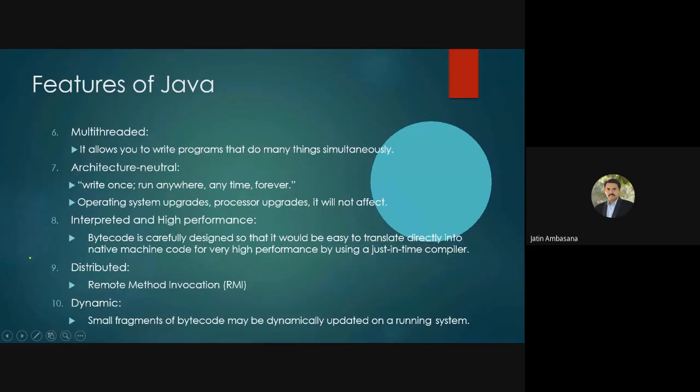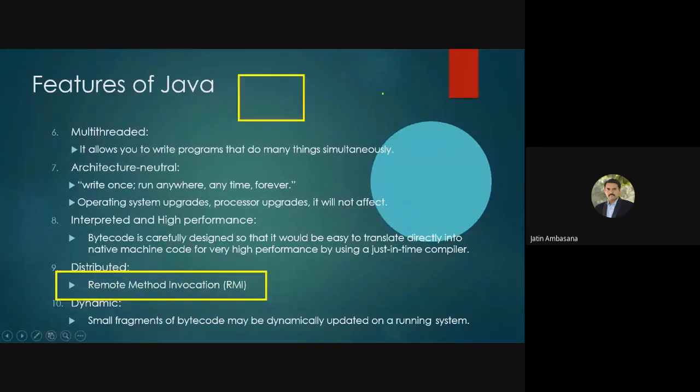It is distributed. You can use remote method invocation. Remote method invocation is like this: there are two machines, and you are using an object on this particular machine, and the code for that object is on some other machine. So you invoke a method over here, and that will invoke the method remotely on another machine.